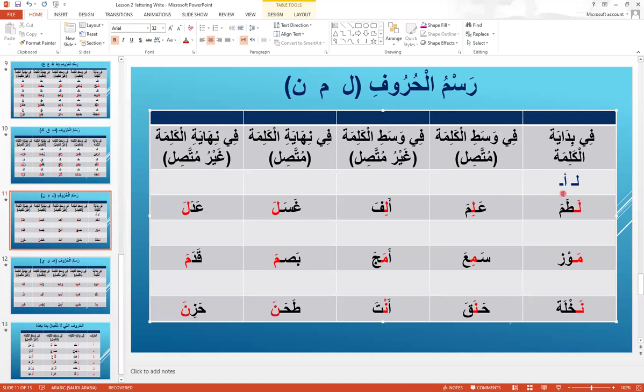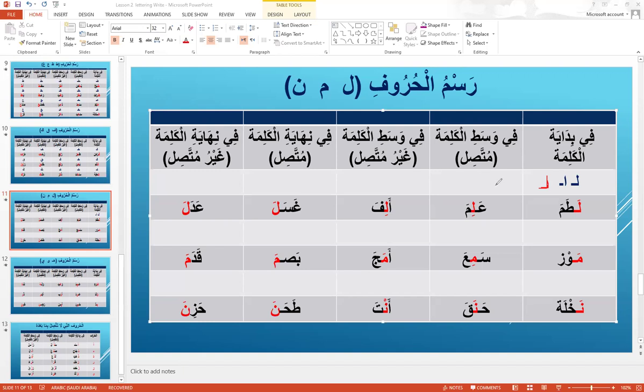But if you were writing and you wrote alif and you connected it on the left, if you connect it by a computer, by default, the computer will not connect it. But if you connected it, that means you are literally saying that you wrote lam. You get it? If you wrote alif and you connected it, it's going to be telling you it's lam at the beginning. You get it? Or in the middle also.